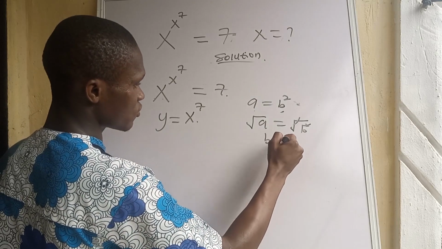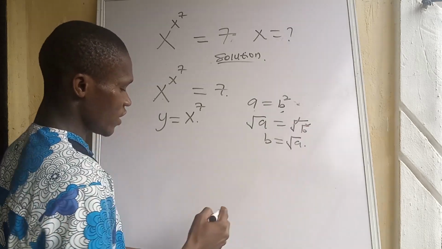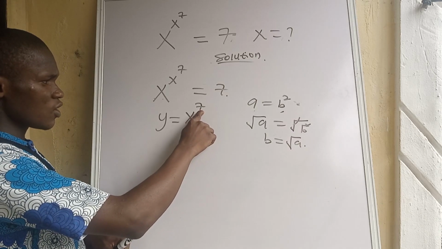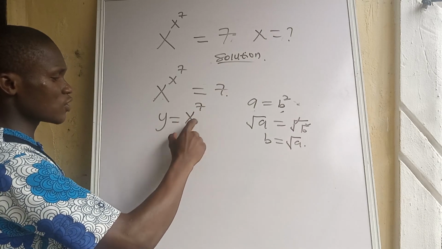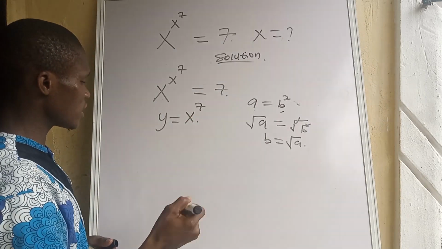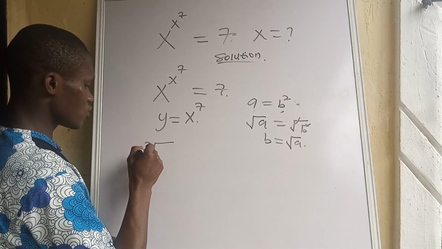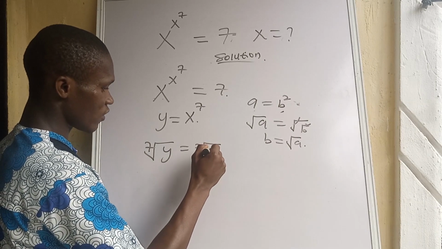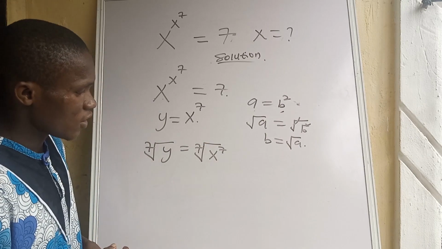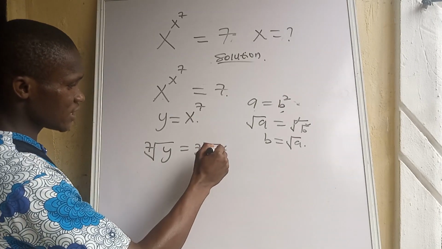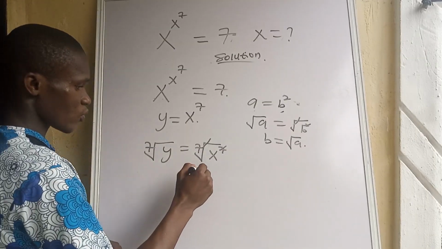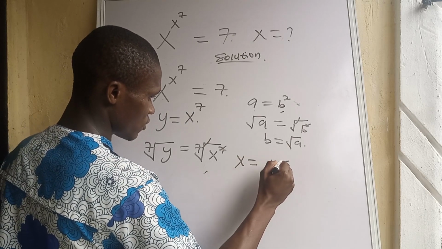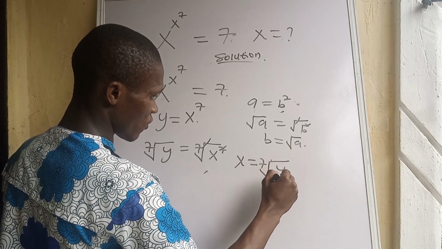So we are now having b equals the square root of a. In place of this, we have 7, so we can take the 7th root of both sides. Doing that, we have the 7th root of y equals the 7th root of x to the power of 7. So this and this will cancel off. So we are now having our x is also equal to the 7th root of y.